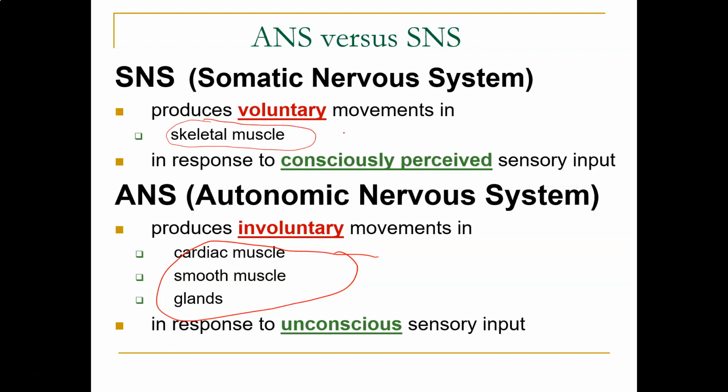So those are referred to as somatic motor neurons, and they produce controlled, conscious, voluntary movements for the most part. There's also somatic sensory neurons that monitor our external environment. We'll also be talking about those in a later lecture, especially focusing on the eye, ear, taste, touch receptors.